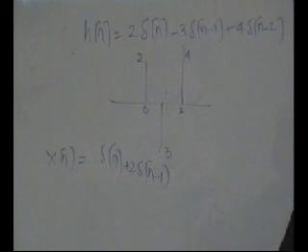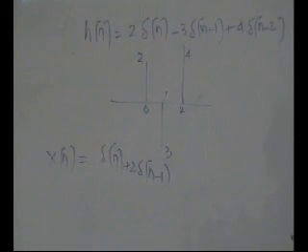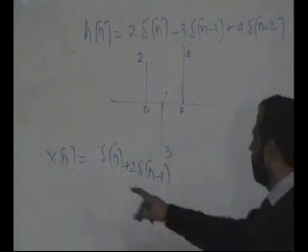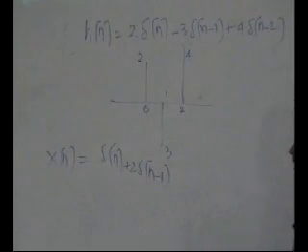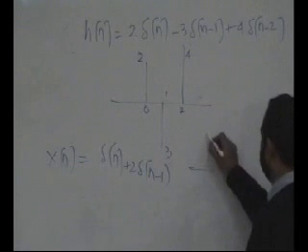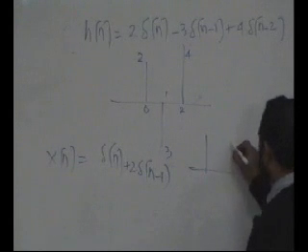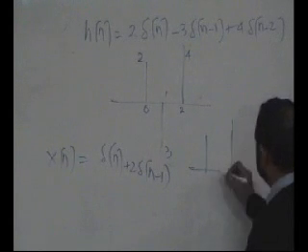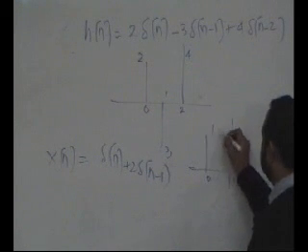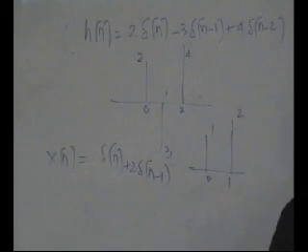Knowing the impulse response means that you can compute the output of this system due to any impulse, or due to any signal. So this is the signal, delta of n and 2 delta of n minus 1. How do you compute the answer? Simple. This is h of n.